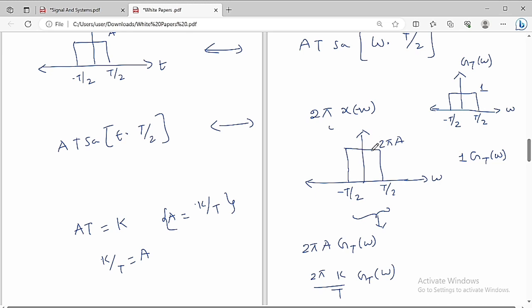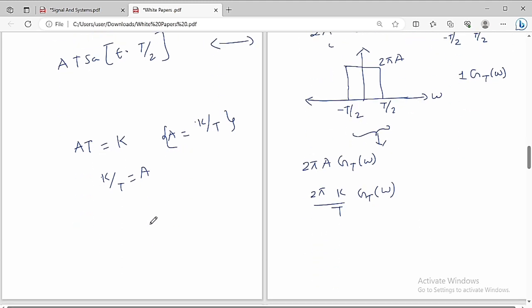So this signal I want to represent in this format, where the peak is 2 pi A. So finally, K into Sa of T into T by 2 has a Fourier transform which is 2 pi into K by T into G T of omega.